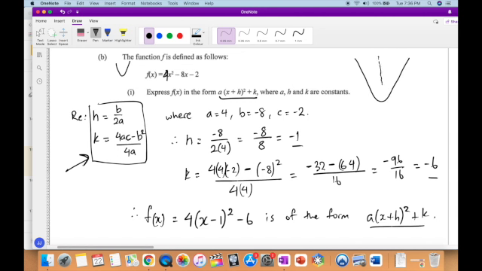And whenever you want to find the minimum point here, this minimum point is on the line of symmetry, and that line is x is equal to -h, where the minimum point over here is (-h, k). So it is important to just remember all of these things.